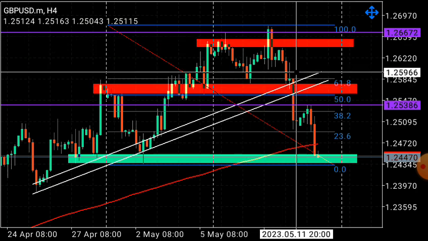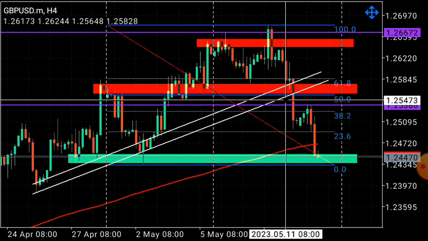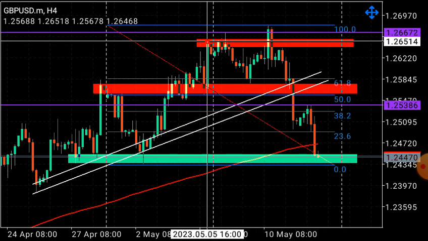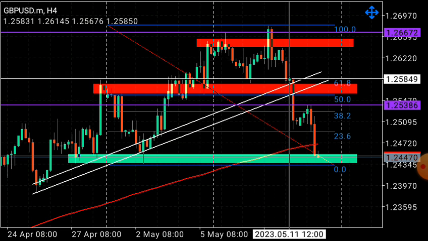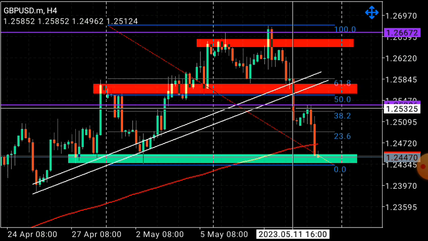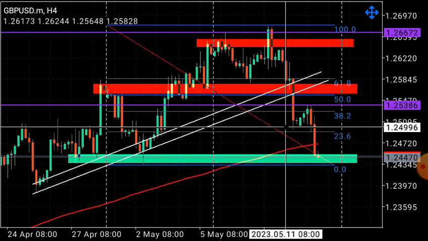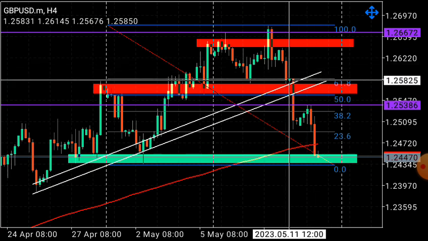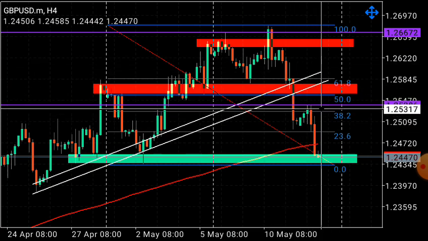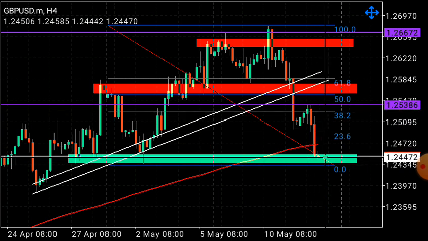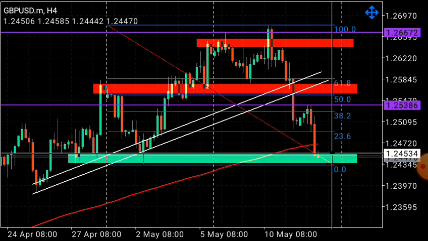You have the correction or consolidation phase, or they call it contraction, if I'm not mistaken. Then we get an impulse. There will always be a consolidation, then an impulse. From there we have a correction again, and then an impulse. So this impulse is the first stage, this correction is the second phase, and this impulse that is continuing is the third phase. So the market moves in 3 phases.